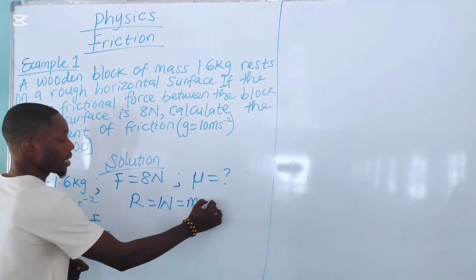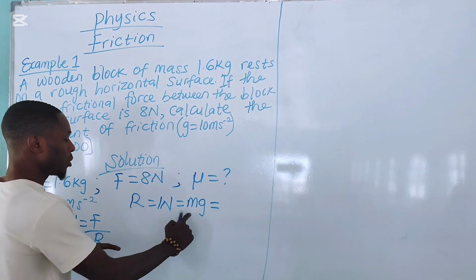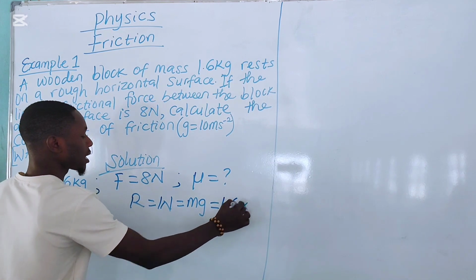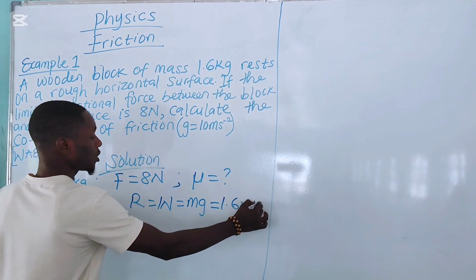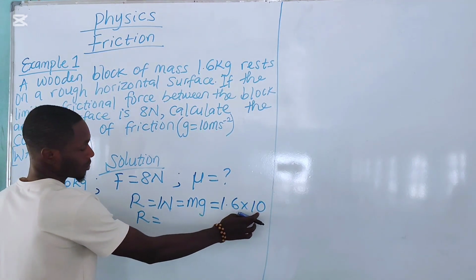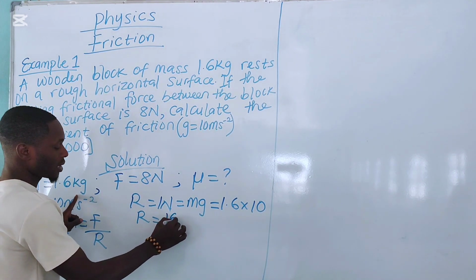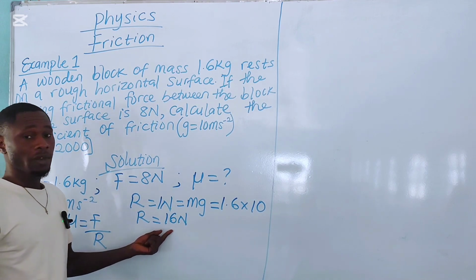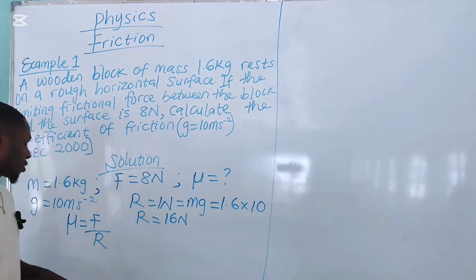So that makes our normal reaction the product of the mass, which is given to be 1.6, times acceleration due to gravity, which is 10. So our normal reaction becomes 1.6 times 10. That gives us 16 Newton. So that becomes the normal reaction of the surface.